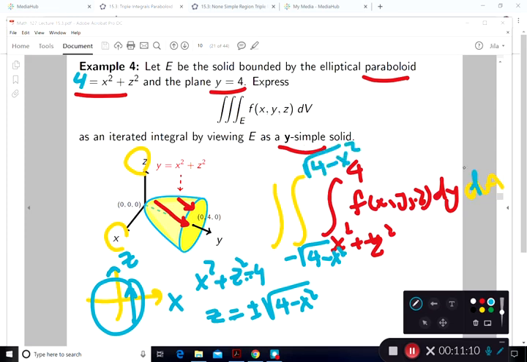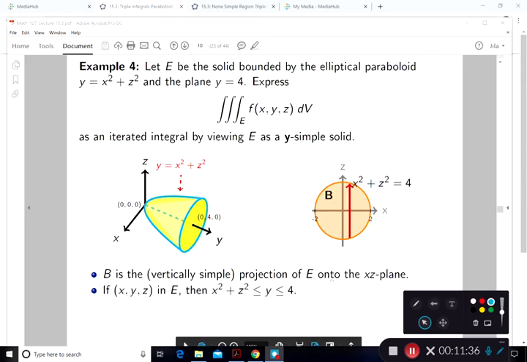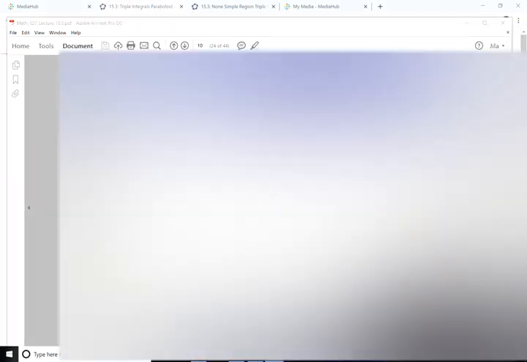Then we will have dx, the outermost. Where does x run to? Here, the circle is between -2 and 2, so I go from -2 to 2. And this is another way of setting up the same integral. And so that's how we set it up.